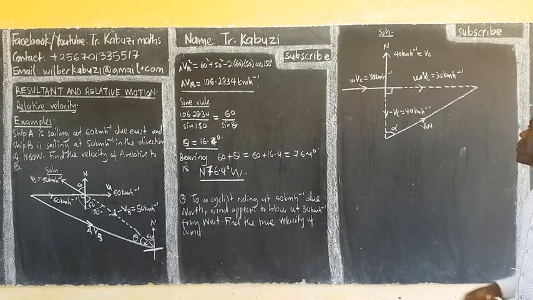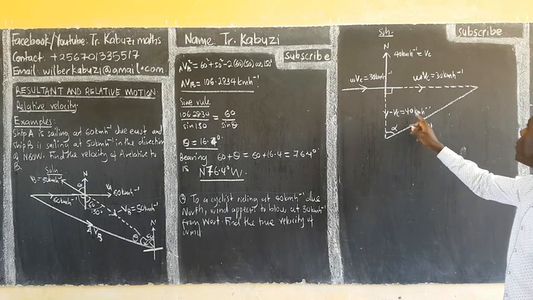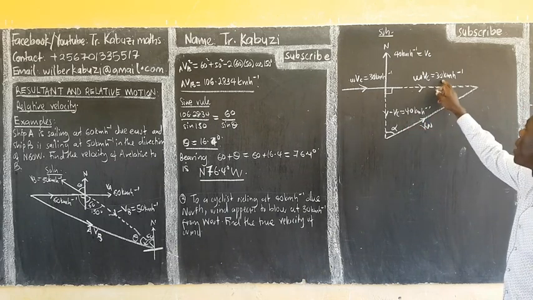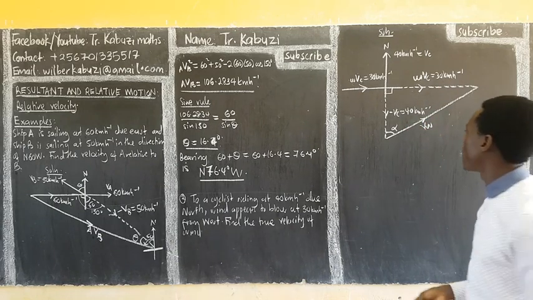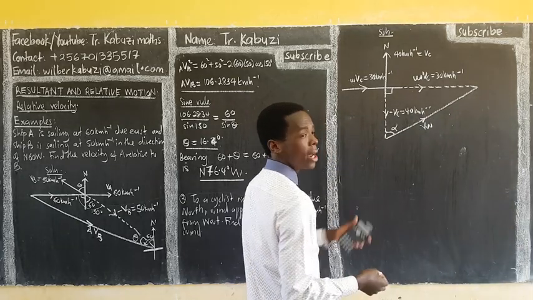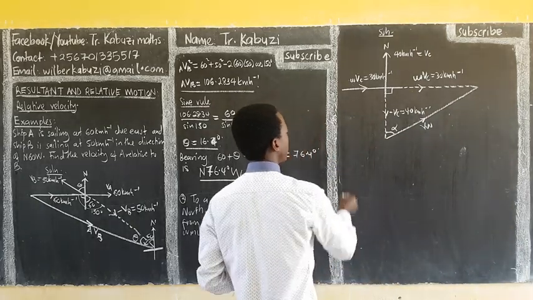Good enough, this triangle is right angle, so we can easily get this using Pythagoras theorem. Even if you want, you can also use cosine rules, which will give you the same answer.